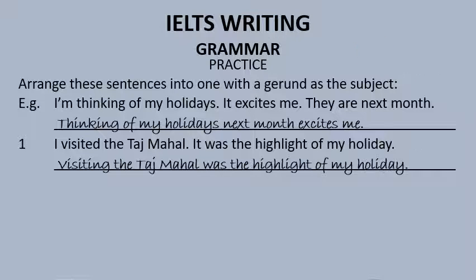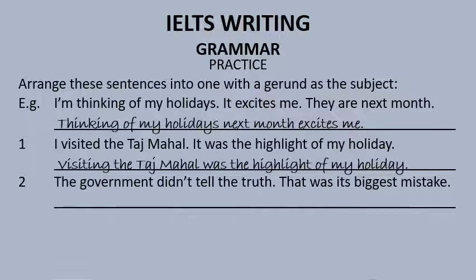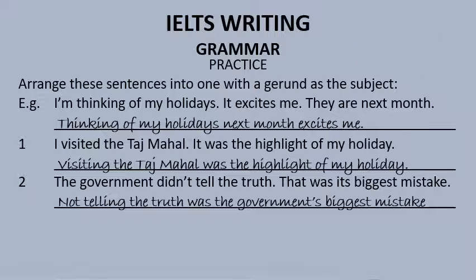Visiting the Taj Mahal was the highlight of my holiday. Not telling the truth was the government's biggest mistake. So this here is a negative gerund, not telling the truth.